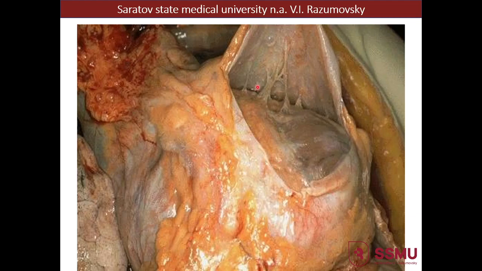On this slide, we may see overgrowing of connective tissue and fibrin fibrils between myocardium and pericardium, and it's the start of formation of Panzer heart.